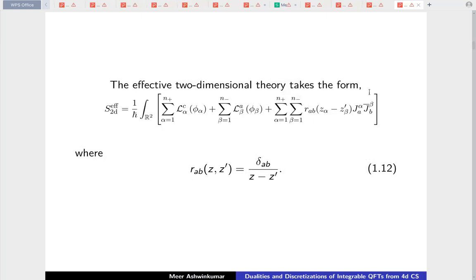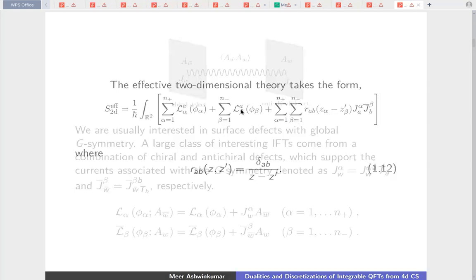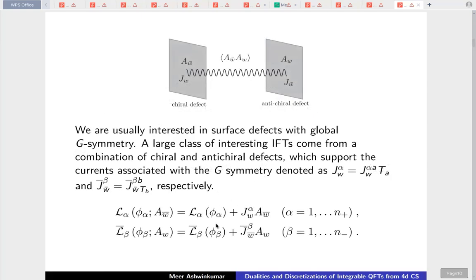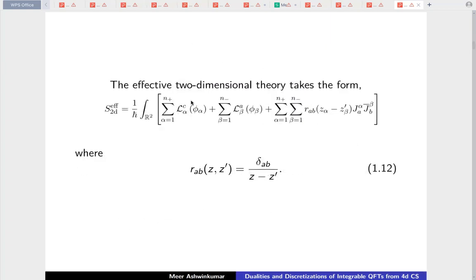So you have these parts of the surface defect, which do not depend on the gauge field over here. So these enter here. And then you have some interaction term, okay? And this can be rather complicated looking because these are the currents, this J bar are the currents for the G symmetry.